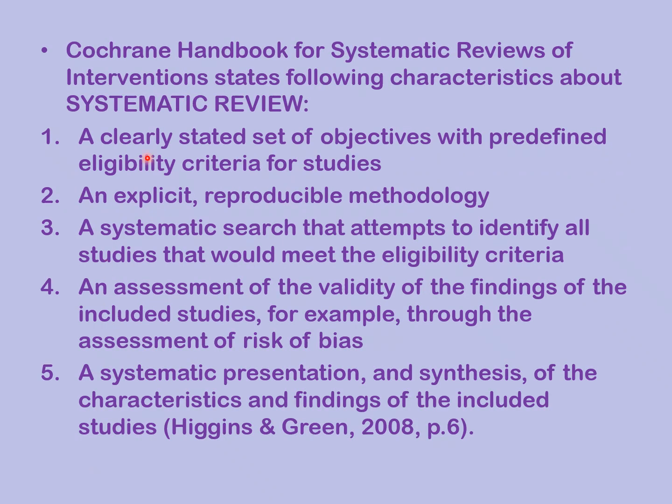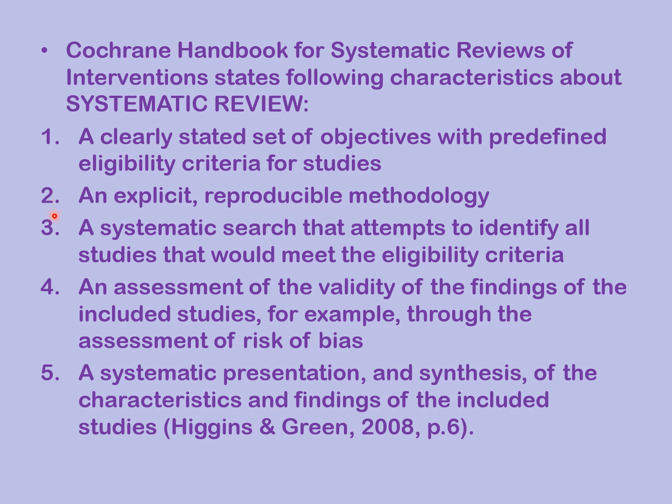So let's understand what the Cochrane Handbook for Systematic Reviews of Intervention states about the characteristics of systematic review. Coming to the first point, it means that a systematic review is started by forming a focused research question and setting specific criteria to determine which studies would be included in the review.